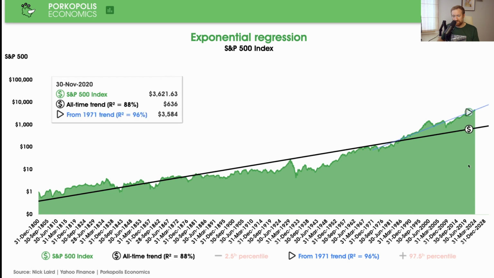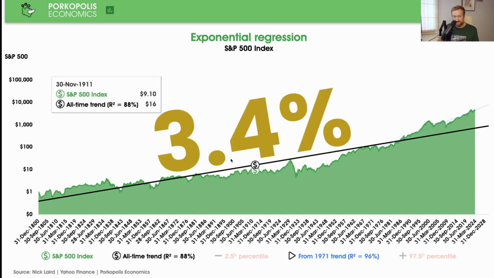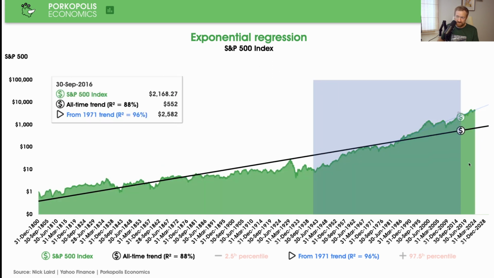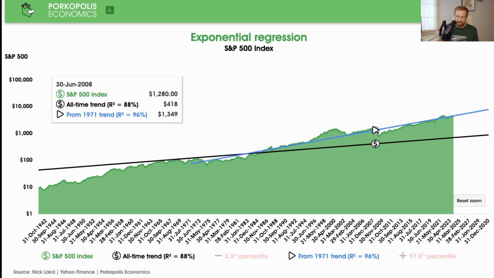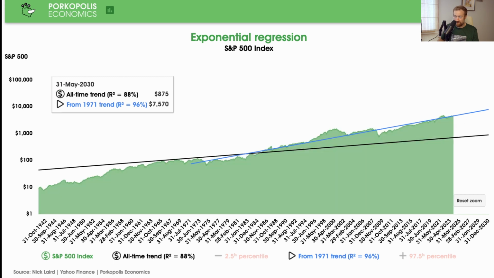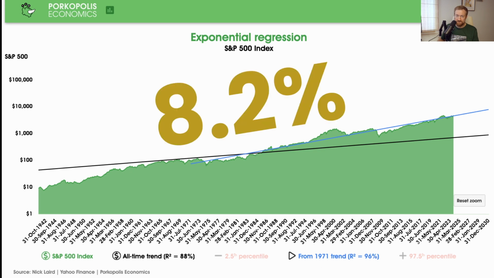The trend line moves at a compound annual growth rate of 3.4%, the all-time trend line, the black trend line. This line, all right, let's zoom in a little bit so you can start to see the differences here. This line from 1971, the 1971 trend, grows at a compound annual growth rate of 8.2%.